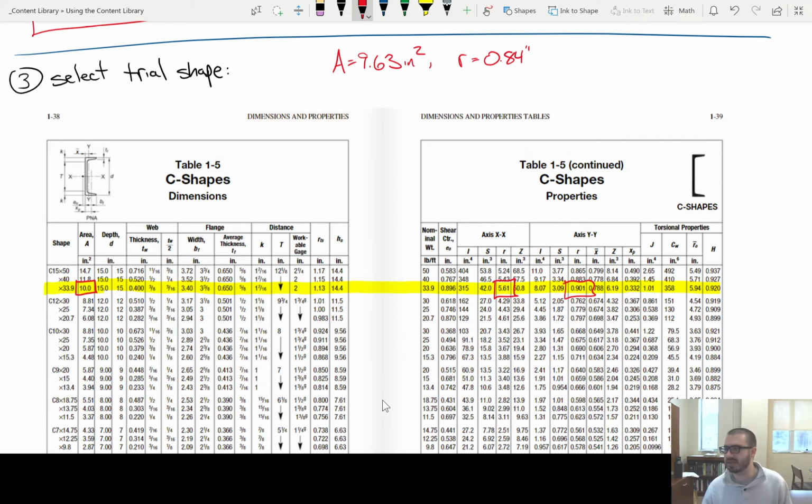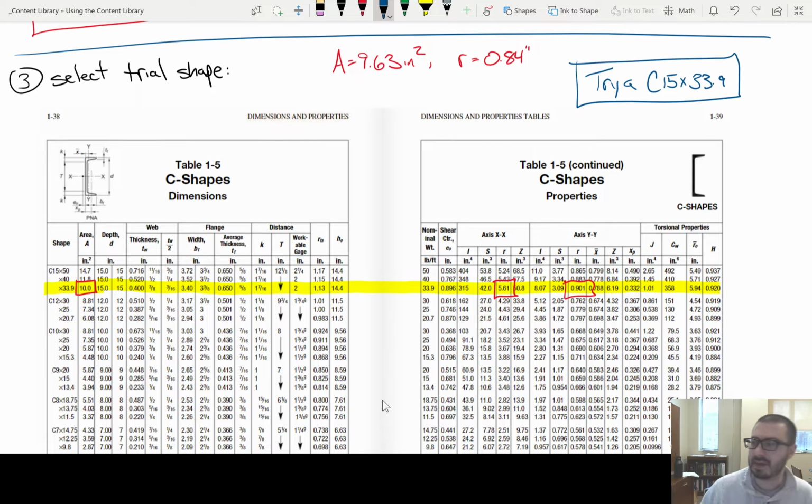First off, we see that the radius of gyration in the y direction is the smaller one, and so that's r min, and it's 0.901 inches, and that's bigger than r design of 0.84, so that's good as well. So I think the C15 by 33.9 is a good trial shape. So we're going to say try a C15 by 33.9.